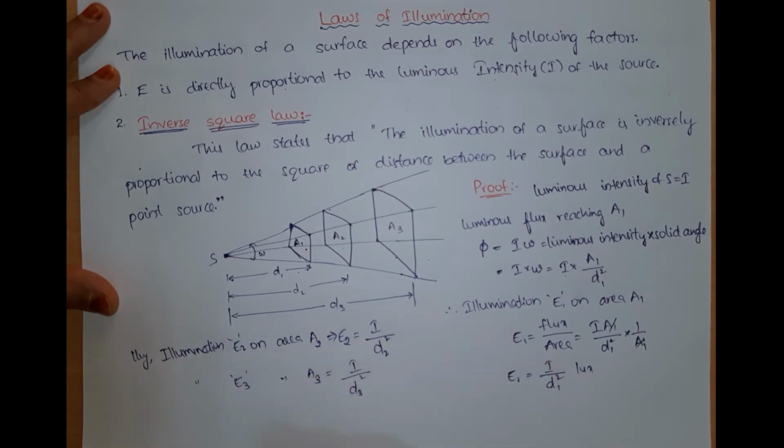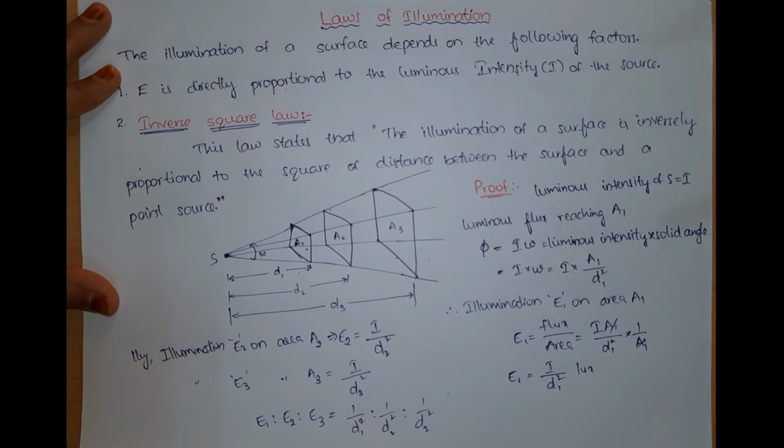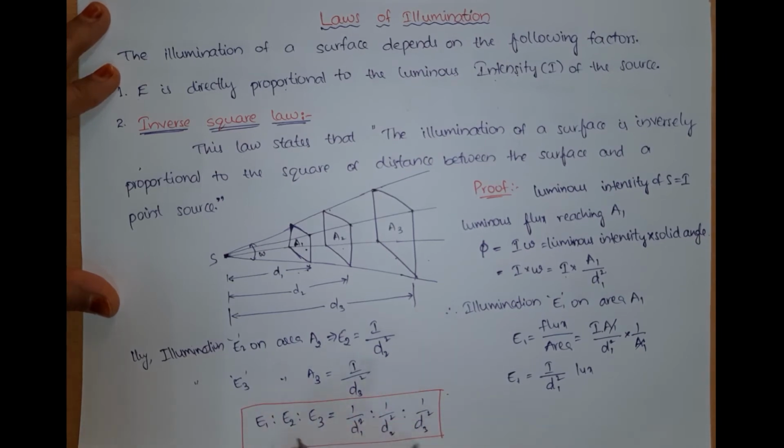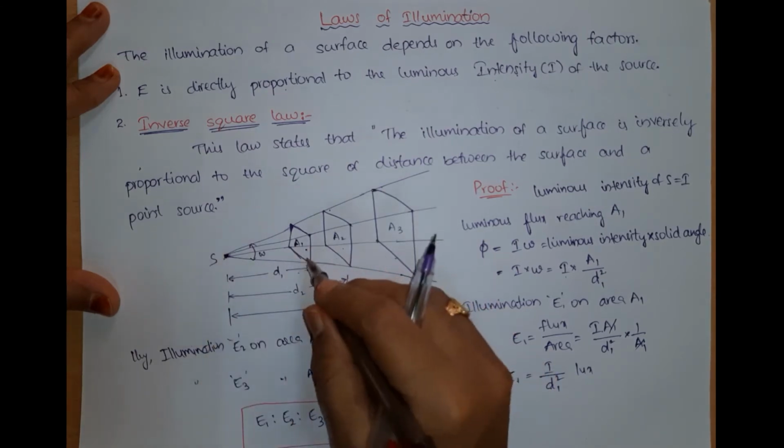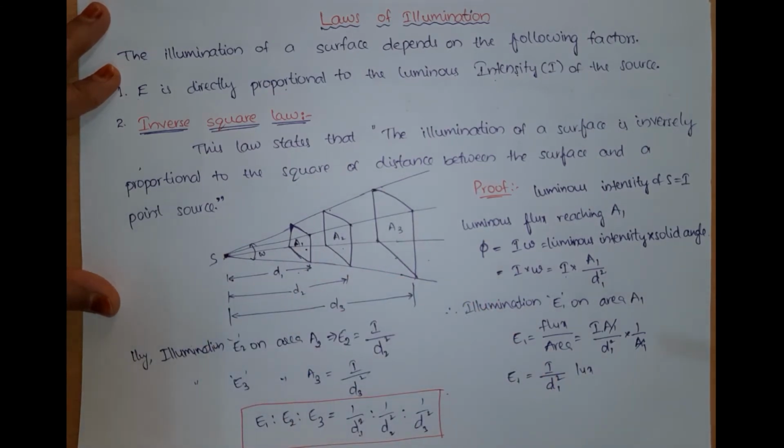So from there we can write E1 is to E2 is to E3 as 1 by D1 square is to 1 by D2 square is to 1 by D3 square, or not. So hence we have proved that illumination of a surface is inversely proportional to the square of the distance between the surface and the point source, right? So this is the proof of the inverse square law, right?